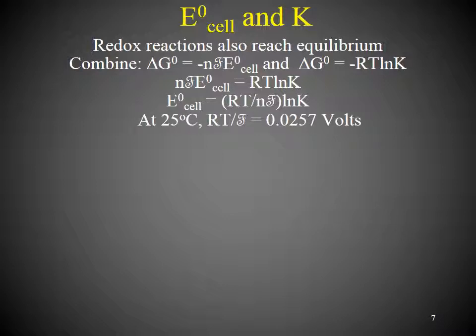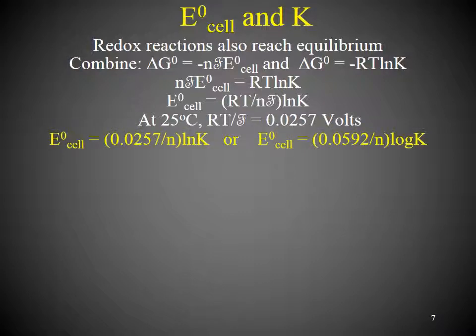Given that RT over the Faraday constant is a constant value, which turns out to be 0.0257 volts, we can write either of these two expressions, in which one uses the natural log of K, and the other uses the log base 10 of the equilibrium constant.